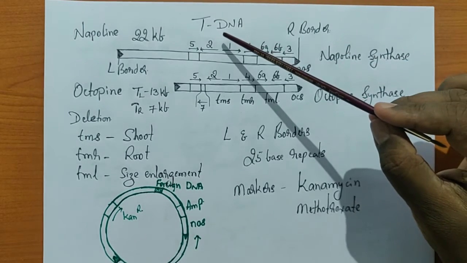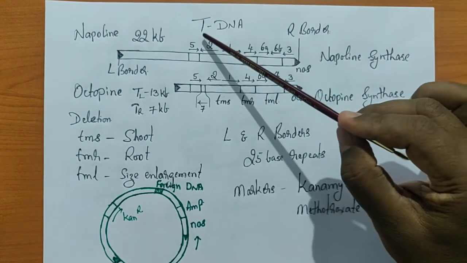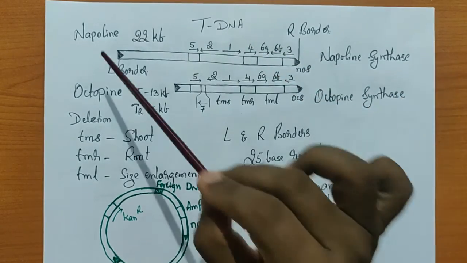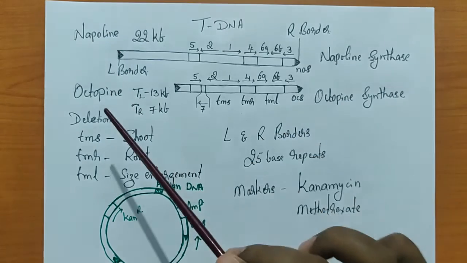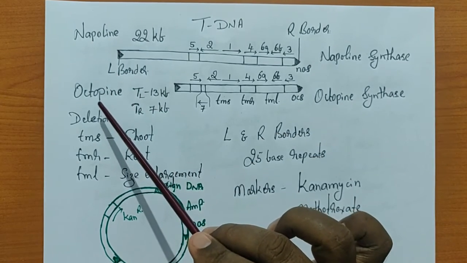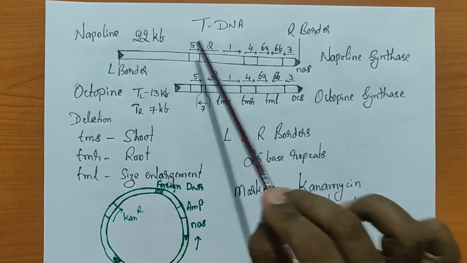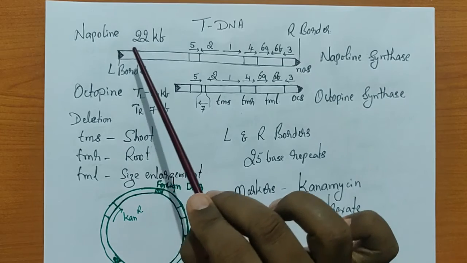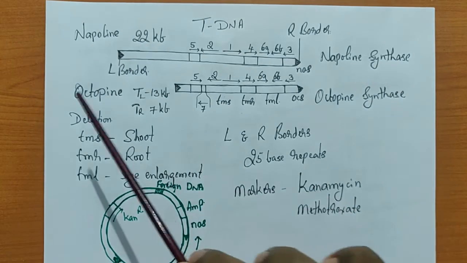Only a small portion of DNA from the plasmid, which we call the T-DNA, is transferred. We also discussed the nopaline plasmid and the octopine plasmid. The DNA which is going to be transferred, the T-DNA, normally has a size somewhere between 22 to 23 kilobases.